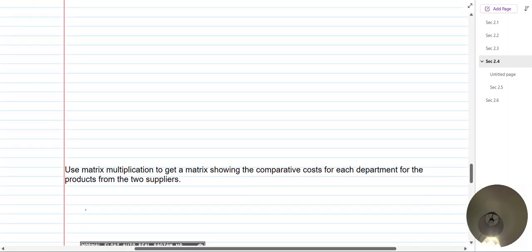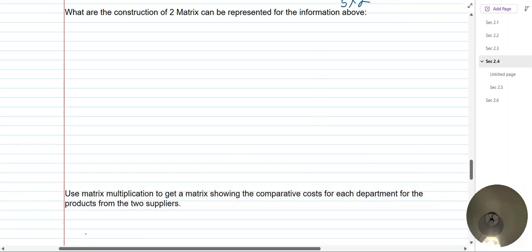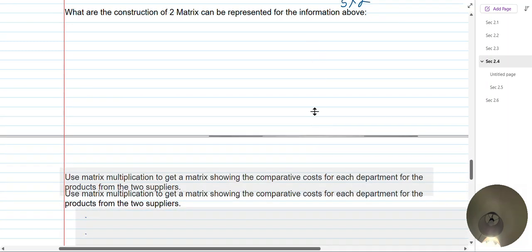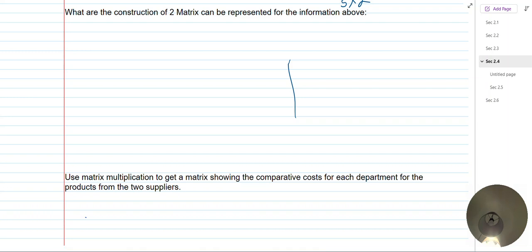So we wrote that, and now what we want to do, and I wrote them alongside them. So let me remove that right there. What we're going to do is the second part.